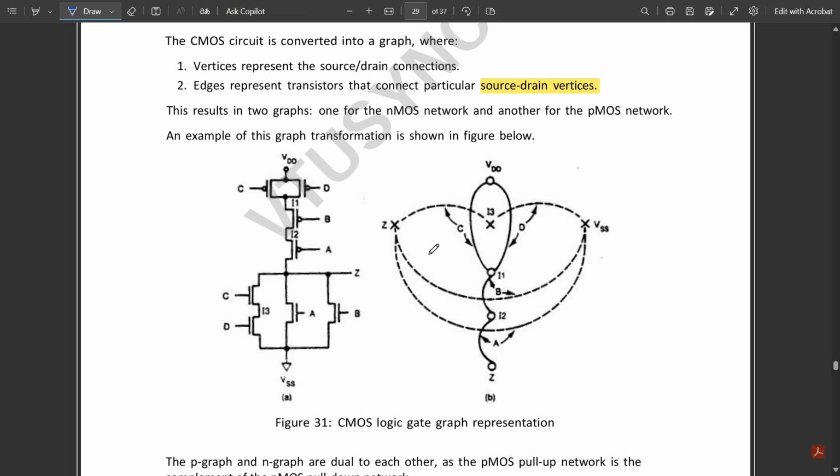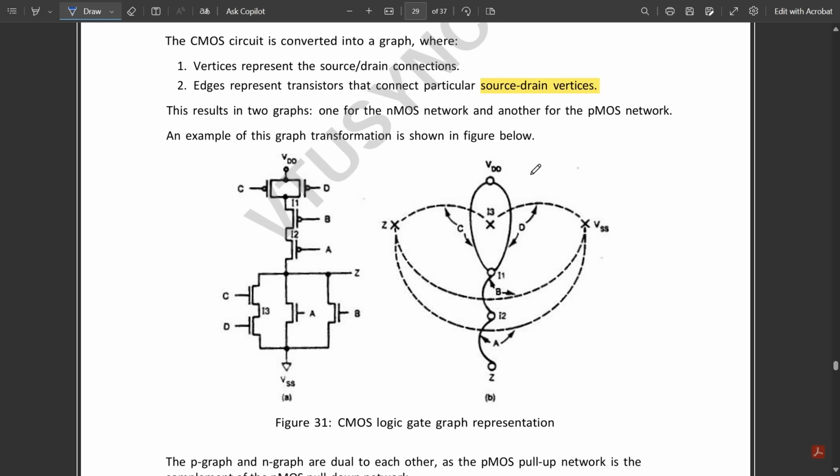Between VDD and I1, you consider this I1 as one single node, and between VDD and I1 we have two transistors C and D connected in parallel. So between these two points they have drawn C and D, so that these two would be parallel to each other. This is for PMOS.